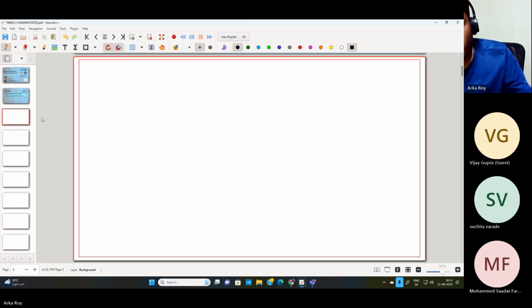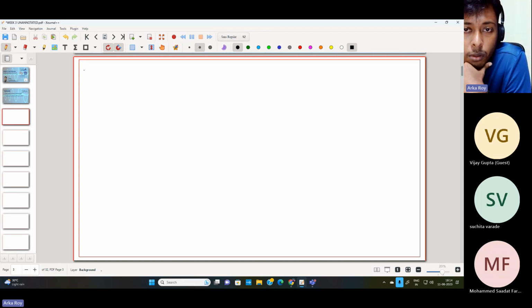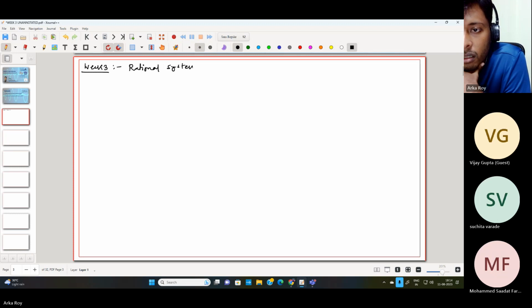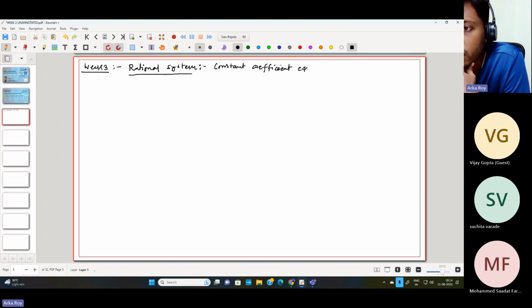So as we have already seen in the content of week 3, it starts with rational system, and more specifically, this is called the constant coefficient equation based system.